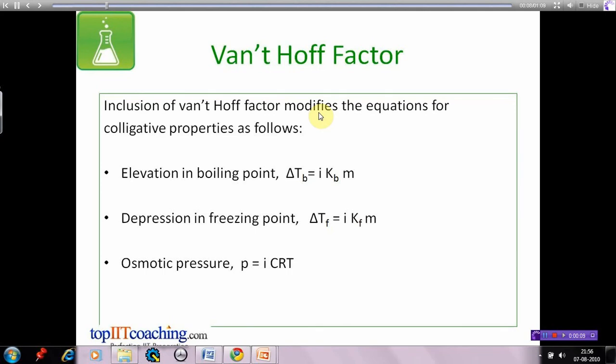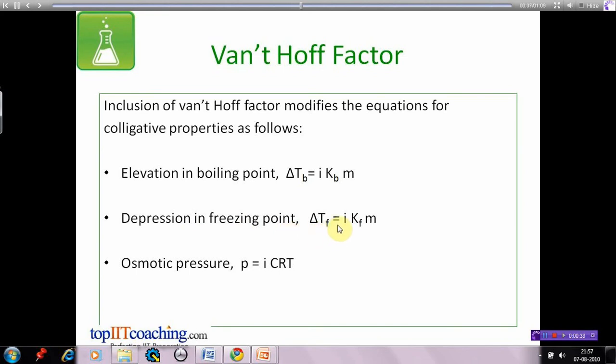Thus, by including the Van 't Hoff factor, the equations for various colligative properties that we just discussed get modified. Let's see how. The first is the elevation in boiling point, denoted by delta Tb, which is now equal to i into Kb into small m, where i is the Van 't Hoff factor, Kb is the molar elevation constant, and small m is the molality of the solution.